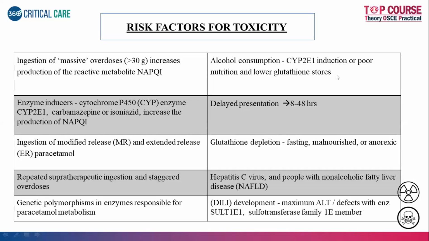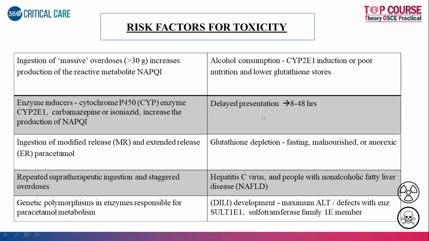Also in these alcoholics, there is poor nutrition and lower glutathione stores, which further makes them more prone to toxicity even at lower levels. Any P450 enzyme inducers, like anti-seizure medications, can cause increased NAPQI production.